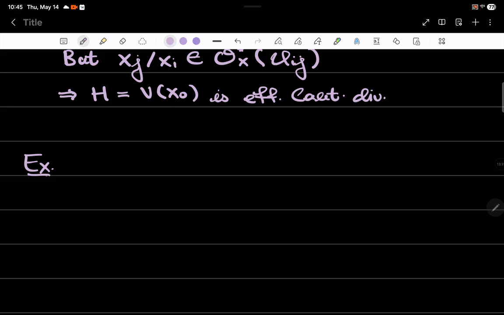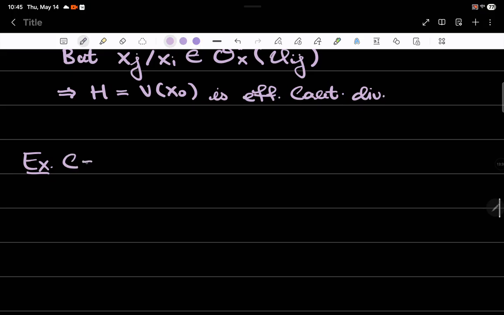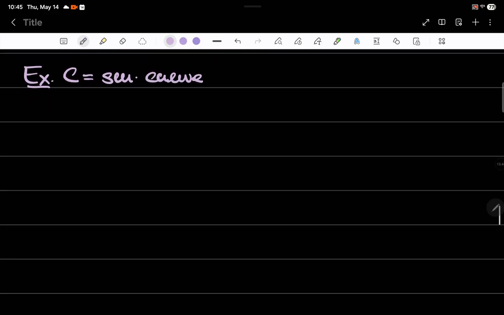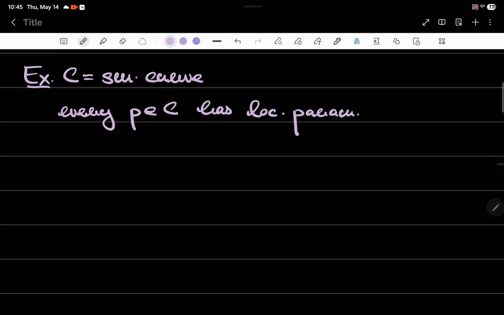Okay. Let's give one more example. So I'm going to let C be a smooth curve. Then every point P has a local parameter t_P.